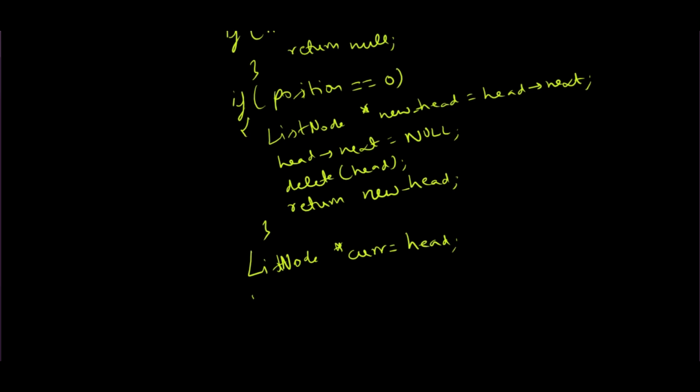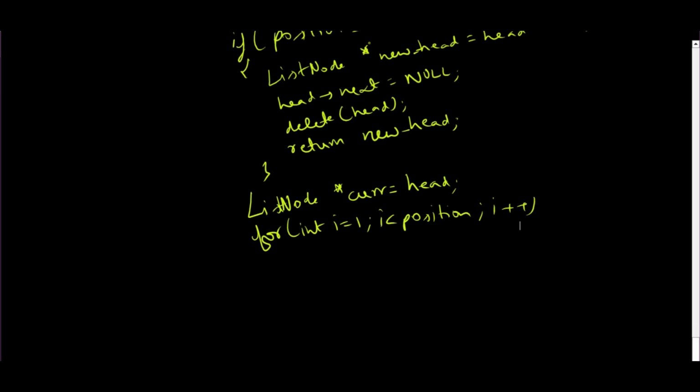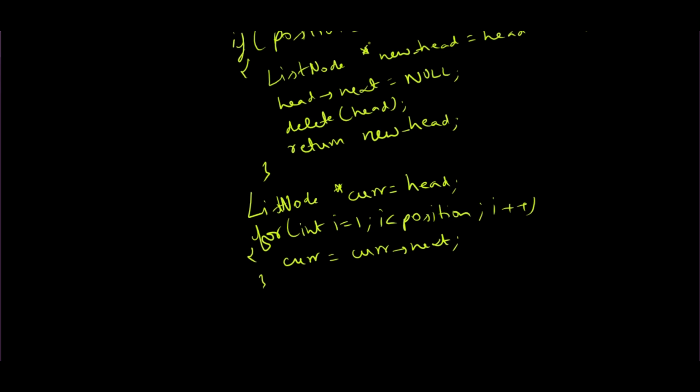So we will write for int i equals 1, i less than position and i plus plus, and at each iteration we'll do current equals current arrow next. So our current will keep on moving one step at a time until we reach just behind the given position.